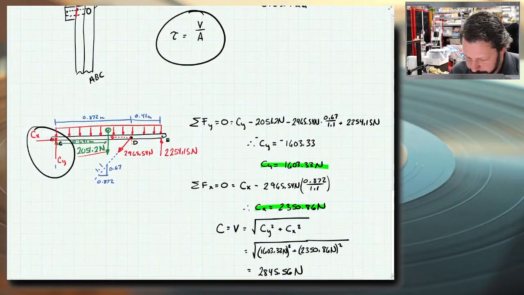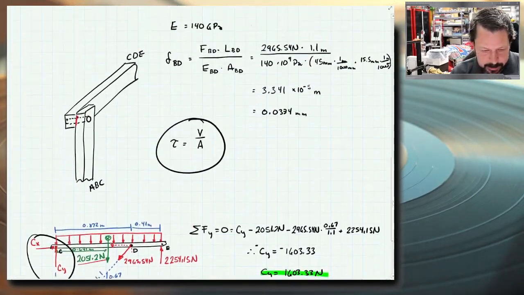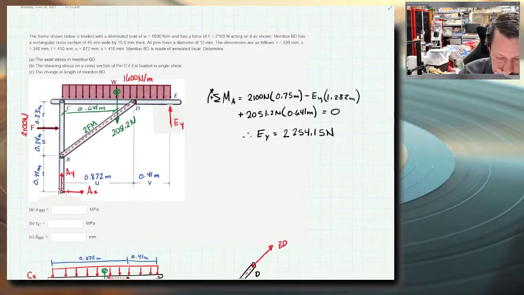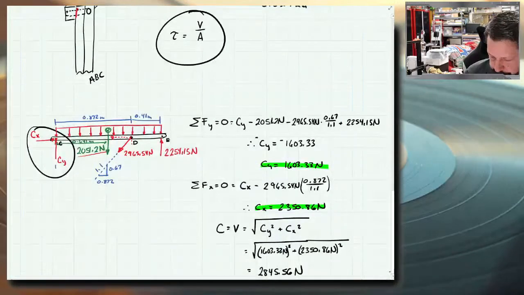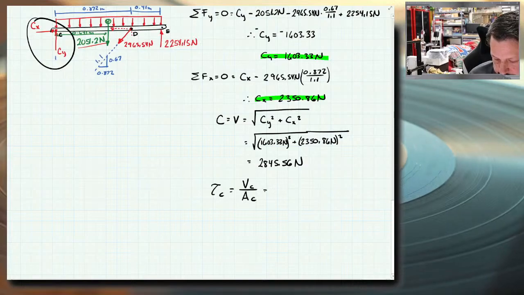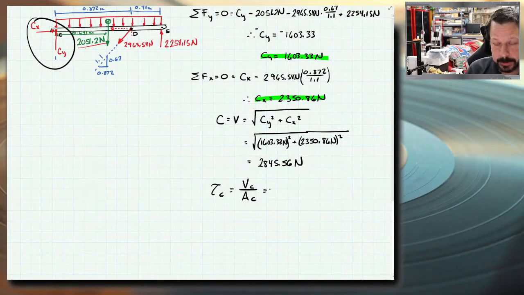So let's go back to, oh wait, we need to know the size of this pin. All pins have a diameter of 12 millimeters. So there we go. So tau at C equals the shear force at C divided by the area of C. The shear force at C is that resultant, CX squared plus CY squared, take the square root.